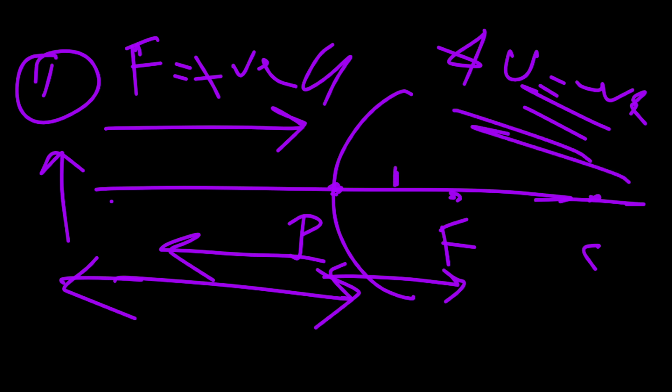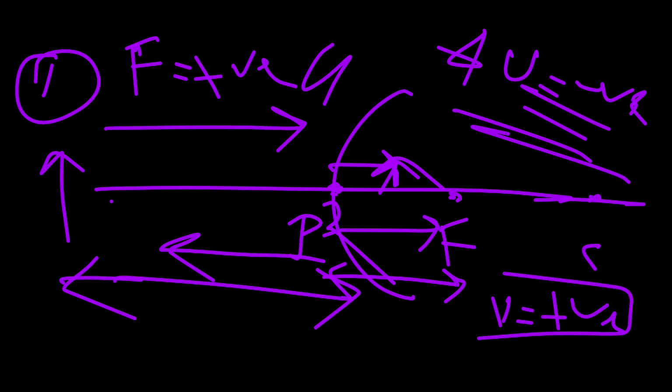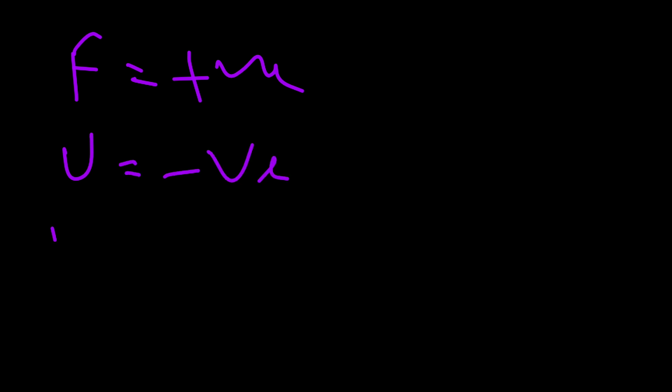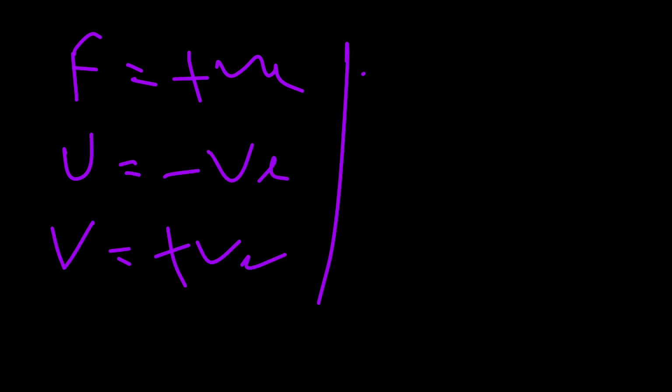Coming to the image, it is going to be formed somewhere around here, between pole and focus. The object is situated around here, so we measure towards this direction. So the v value is always positive. f is positive, v is positive, R is positive. f is positive, u, the object distance, is negative, image distance is positive, and radius of curvature is positive.